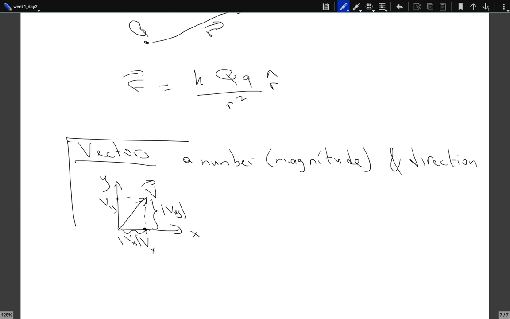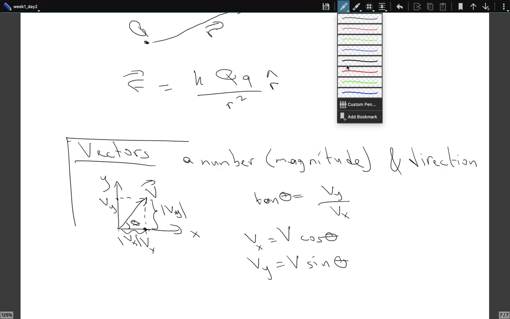At this angle theta, tangent theta is just vy over vx, or if you know the angle theta, then vx is v times cosine theta, and vy is v times sine theta.